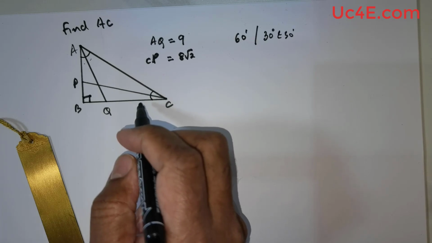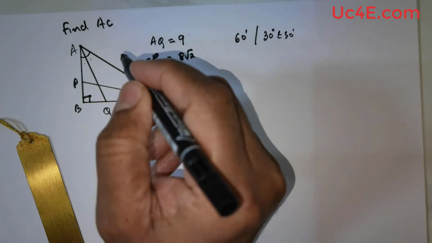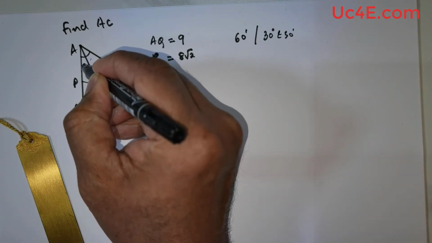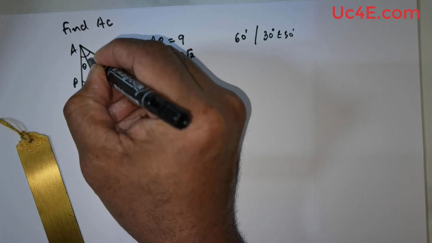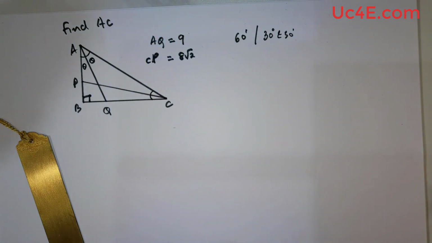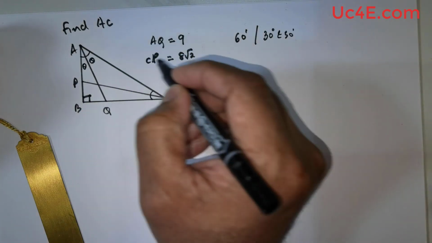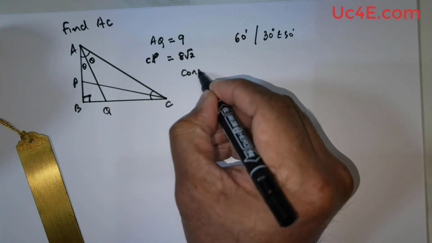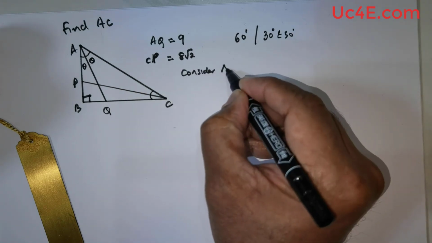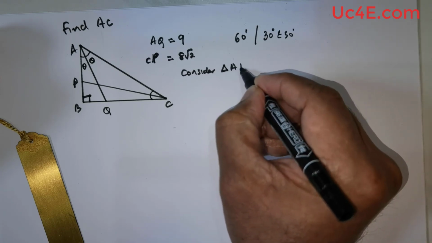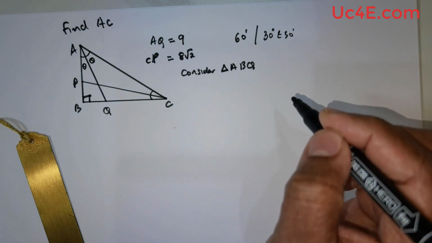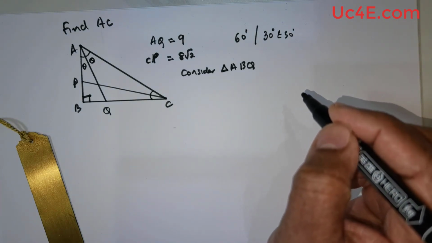Now what I wish to do is, if I were to take this division to be theta, then this would also be theta. Now if I were to consider triangle ABQ, then I can actually apply the trigonometric ratio.